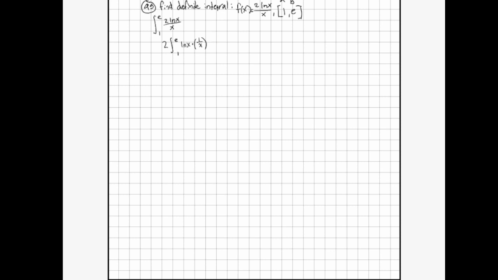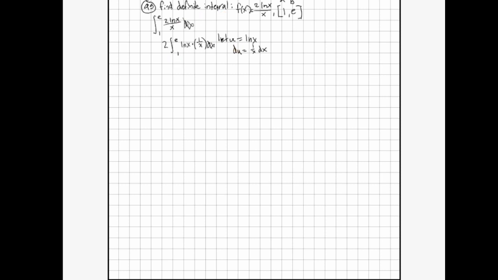Boom, boom. Now what I do is I let u equal ln x, because this is chain rule, right? So u equals ln x, and the derivative of ln x is 1 over x. So du equals 1 over x dx, and then from here I can cancel out the 1 over x and the dx for du.